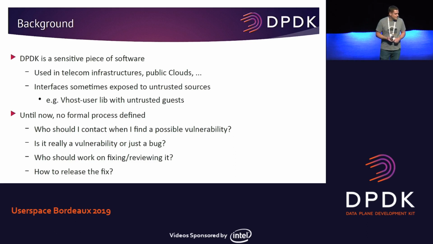Sometimes it has some interfaces that are exposed to untrusted sources. An example I know is vhost-user, which can be exposed through VirtIO to untrusted guests. But until recently, we didn't have any process in place to handle security vulnerabilities when they arrived.